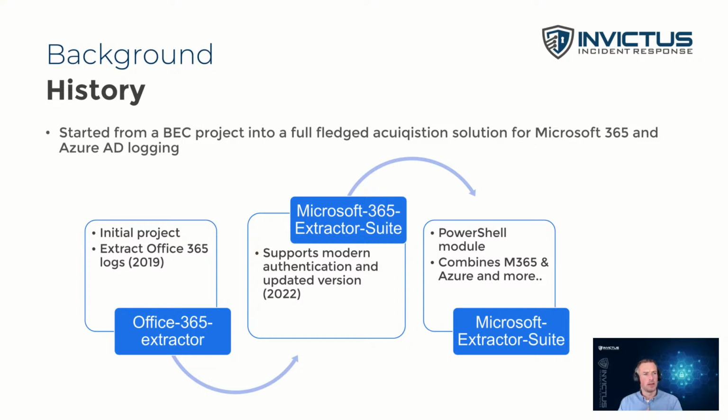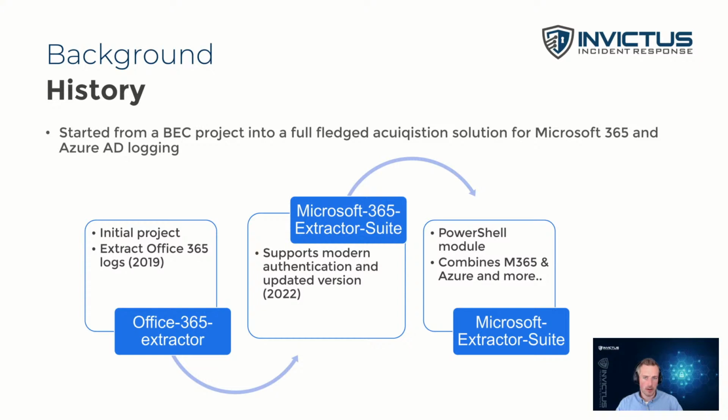One of the main evidence sources for these investigations is the unified audit log. You can acquire the unified audit log in a number of ways. The problem was, and still is, that there are some limitations to how much data you can acquire directly or immediately. So we developed a little tool which was called the Office 365 Extractor.